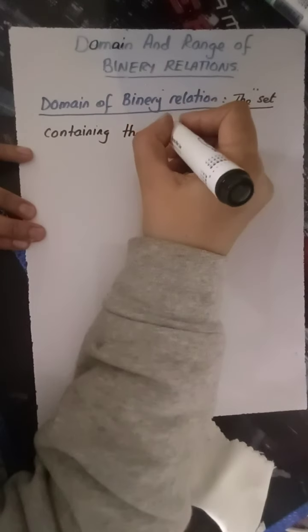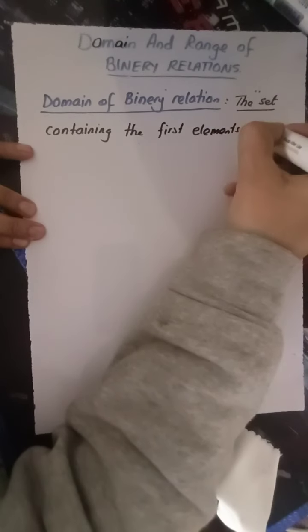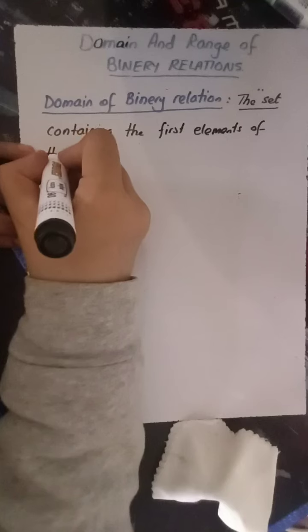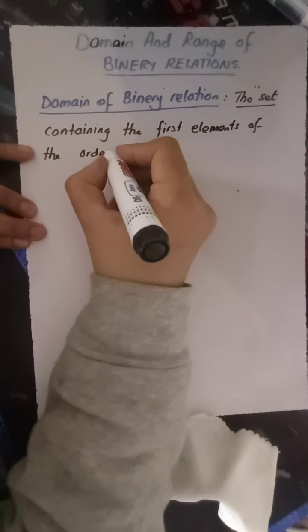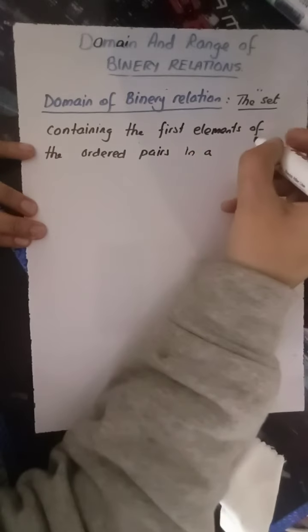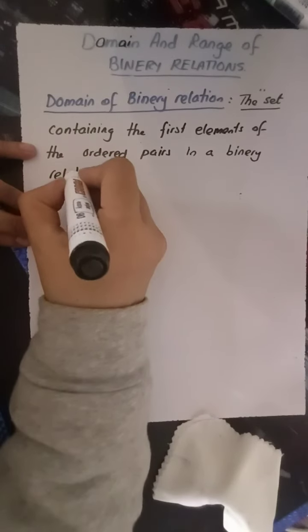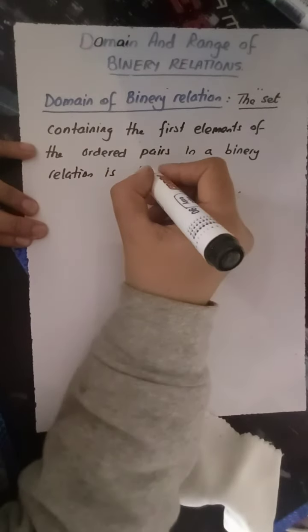Okay, so take care that it is a set. You are going to write its elements within the curly brackets. The set containing the first elements of the ordered pairs in a binary relation is called the domain.